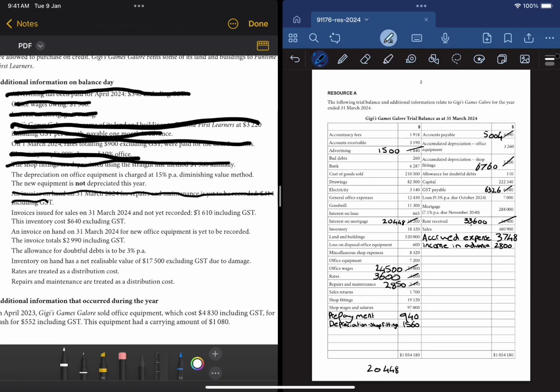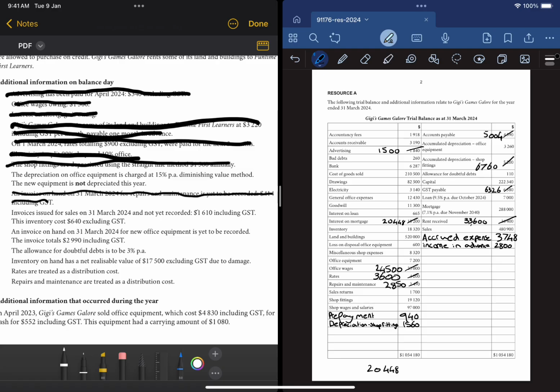Okay, so when we issue an invoice, we're going to debit accounts receivable by the full inclusive amount, credit sales and fees by the exclusive amount, and then credit GST by the difference between those two. So we'll start off with accounts receivable. 3190, and we're going to debit accounts receivable.